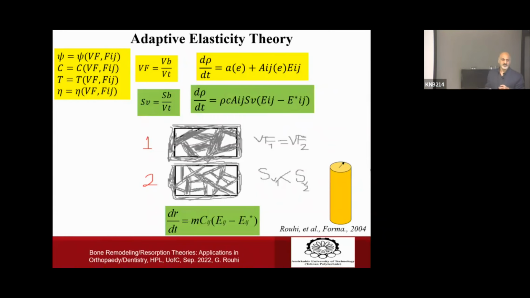So let's say deformation gradient. But let's see whether this is a good assumption or not. Please consider two samples of bone with an equal volume fraction, but different distribution of mass in space. Let's say 50% is void, 50% is the solid phase, but you have different ways of distributing mass in space.